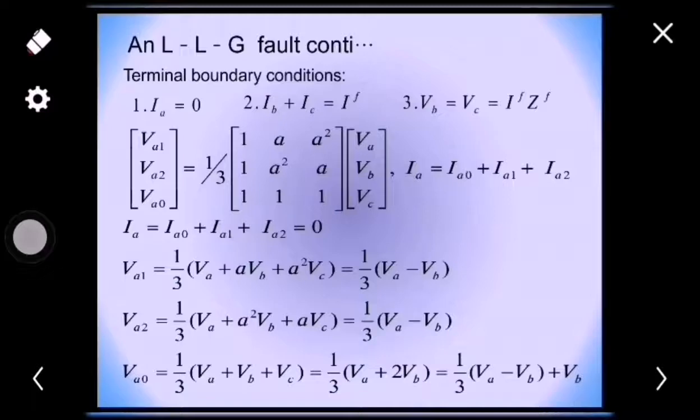Do mind well, this 1 upon 3 is applicable to both VA and 2 VB. So you can write 2 VB as minus VB plus 3 VB, and that 3 will be cancelled with this 1 upon 3, and that's why it is only plus VB. Say this is equation number 4 and this is equation number 5.